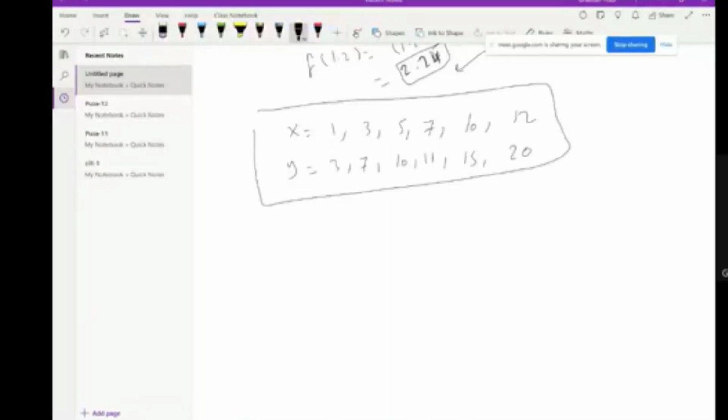This is data. How could I represent this as an equation?